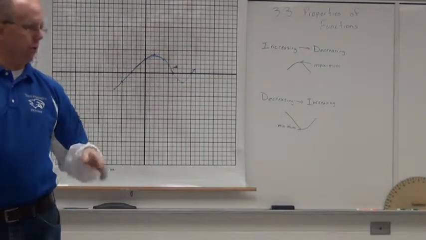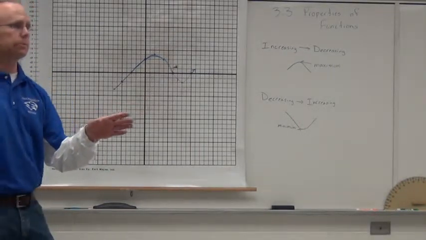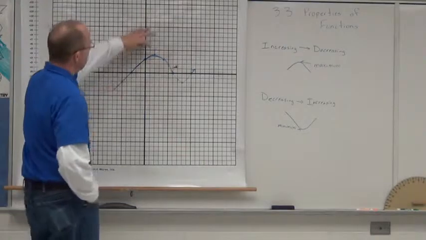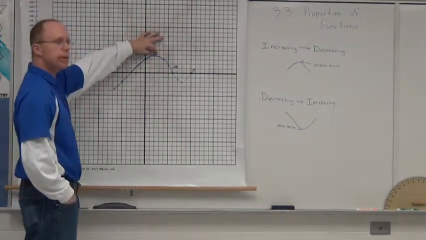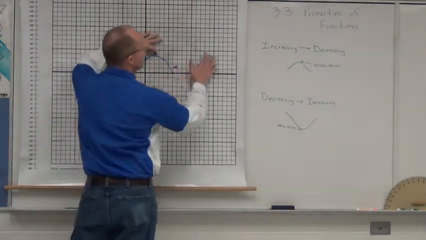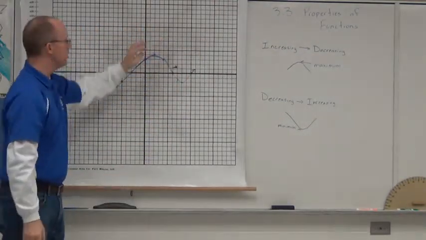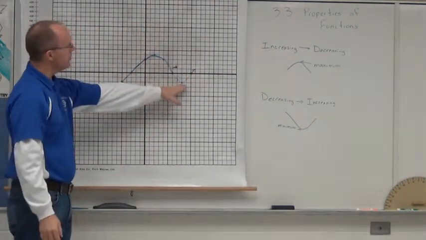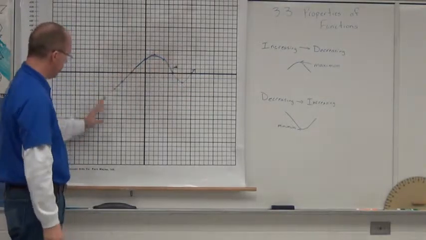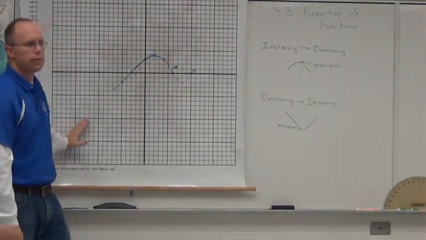Only relative maximums or minimums. We'd have a relative maximum here because this line is continuing to go on forever. It never gets to a highest point. We'd have a relative minimum here because this side goes down forever.